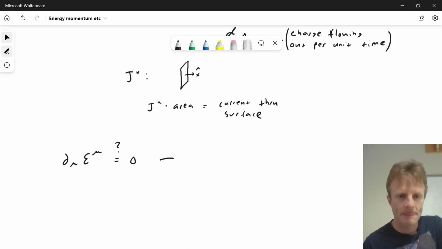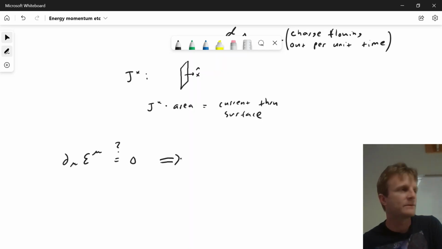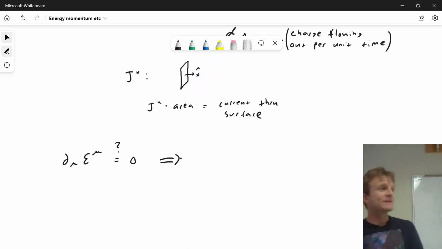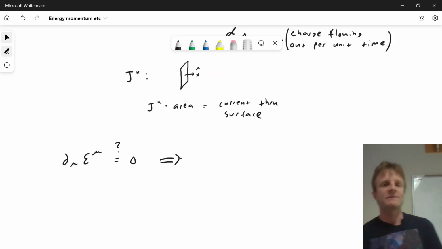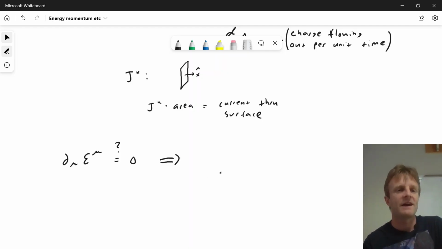And the claim, which none of the GR books derive, and with good reason, because it's quite tricky, and eventually we're going to go in the reverse order and use gravity to define this thing. But the claim is that in pretty much every circumstance anyone has ever come up with, energy and momentum conservation are encoded in an equation like this: del mu T mu nu equals 0.